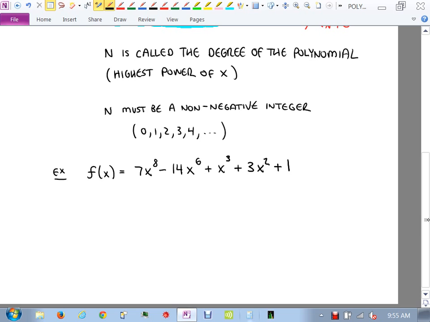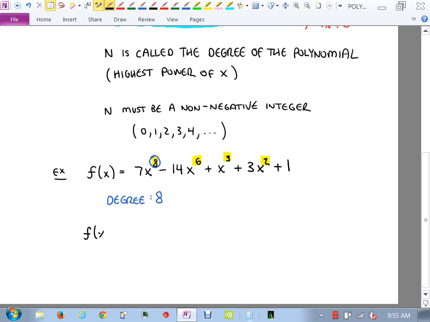Because every power of x is a non-negative integer, isn't it? All those powers, 8, 6, 3, 2, are non-negative integers, so we're good. And what's the highest power? Okay, that's our highest. So what's the degree of this polynomial? The degree is 8. With me?